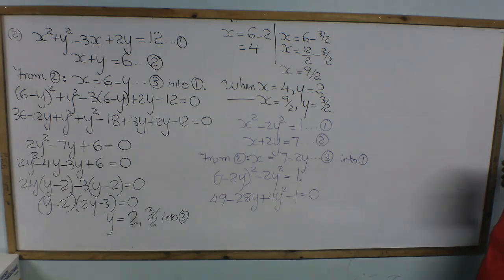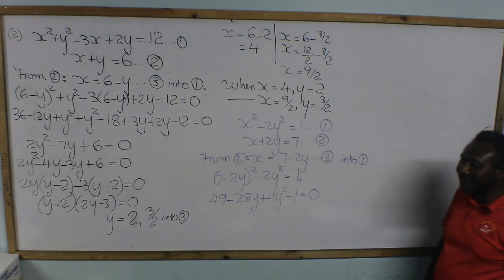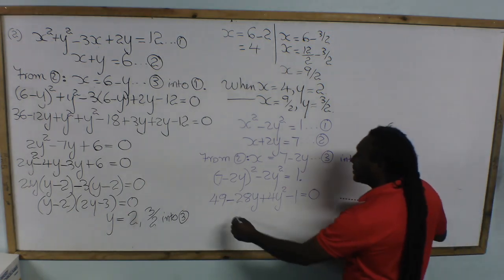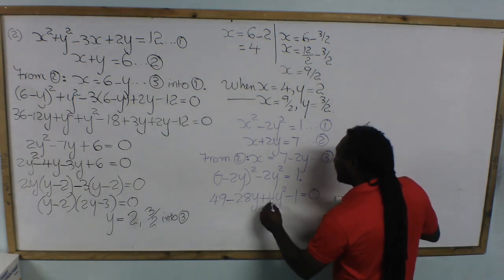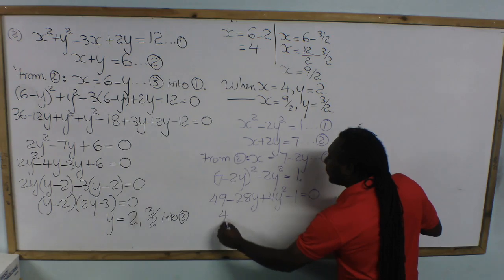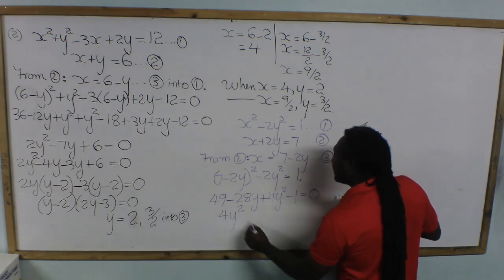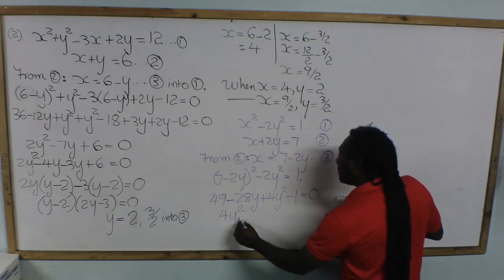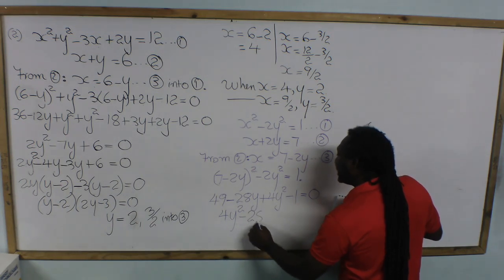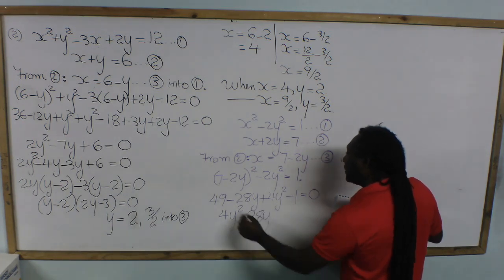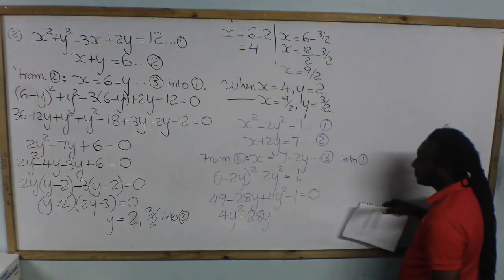So to put that together in a nice and short trinomial that you can solve in a minute, we have first of all the 4y squared, minus 28y, 49 minus 1.